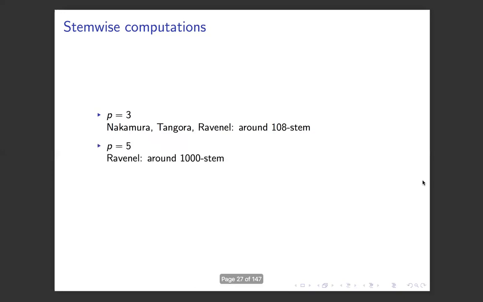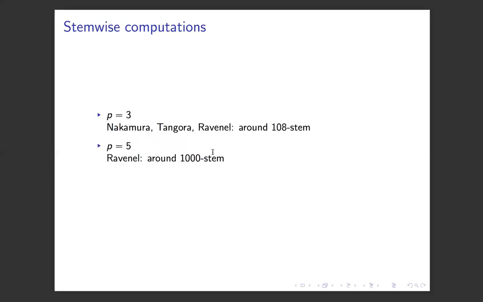What is the knowledge for stemwise computations? At p equals 3, by work of Nakamura, Tangora, and Doug Ravenel, we know this around 108 stems. And for p equals 5, in the Green Book, Doug computed around 1,000 stems.